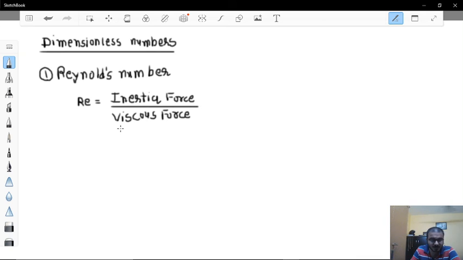So here first we will see inertia force Fi, which is equal to m into a. So it can be written as rho into V, where V stands for volume, multiplied by acceleration, that is velocity upon time.